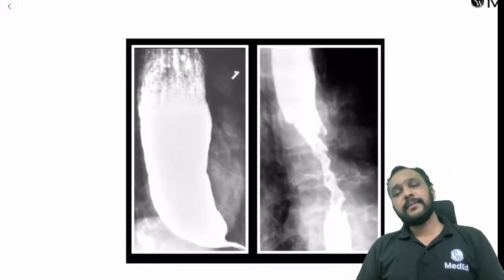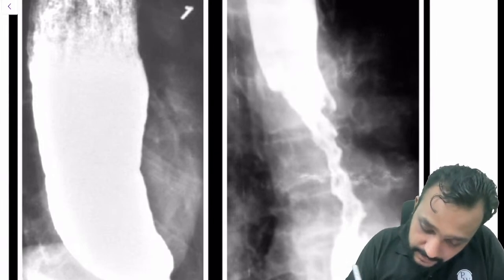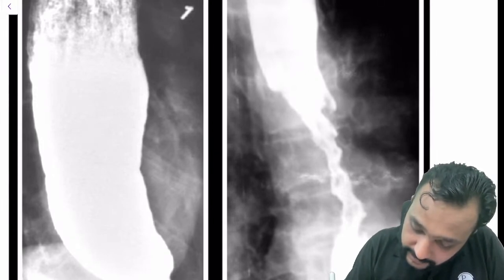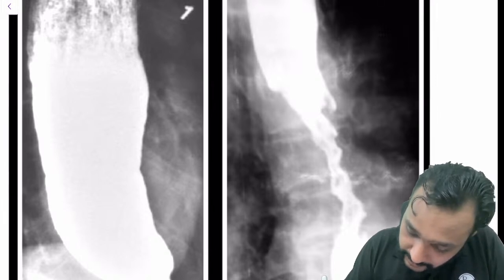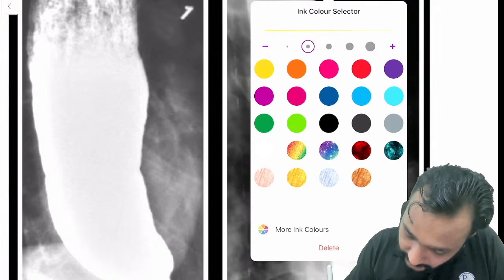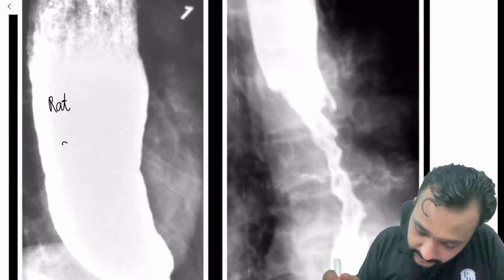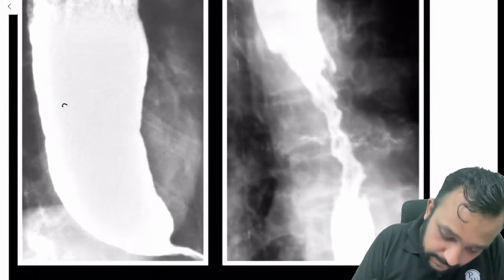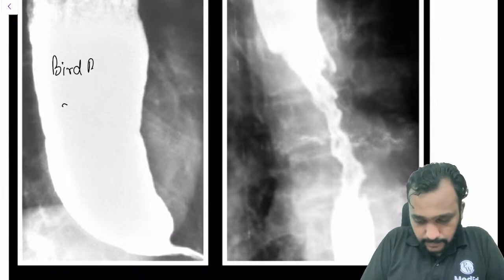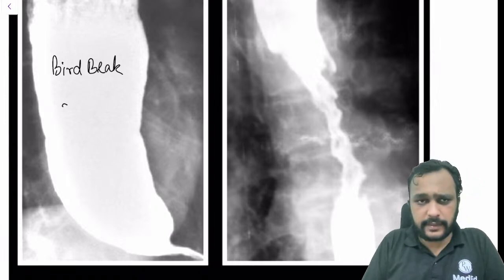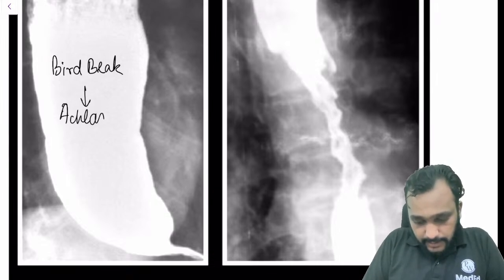So these are again very characteristic appearances that I know you guys must be knowing. What is the characteristic appearance that is shown here? Anyone? This is the bird's beak appearance, and this bird's beak appearance, guys, is seen in patients with achalasia cardia.